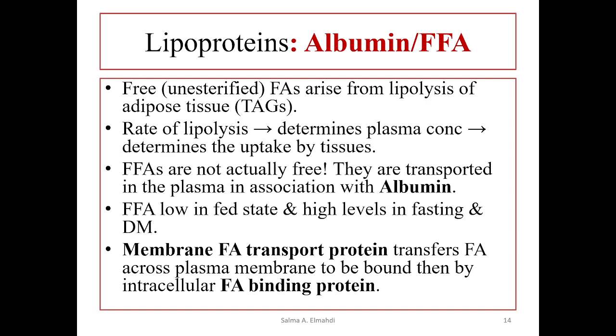The unsaturated free fatty acids, of course, arise from lipolysis of adipose tissue, from breakdown of triacylglycerol stored in the adipose tissue. The rate of lipolysis determines plasma concentration, which in turn determines uptake of free fatty acids by tissues. Free fatty acids are low in the fed state, logically, and high in the fasting state, as well as in diabetes mellitus.